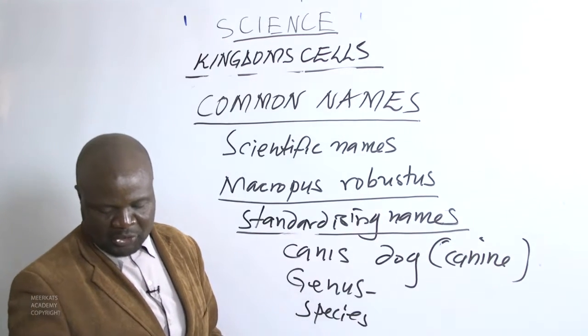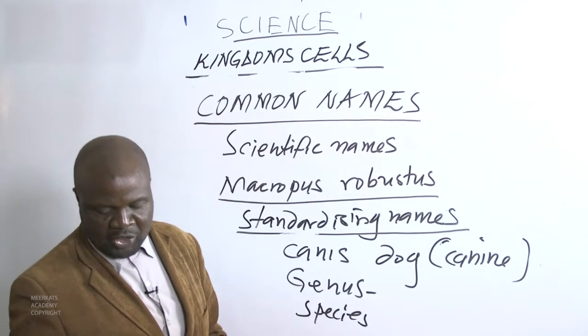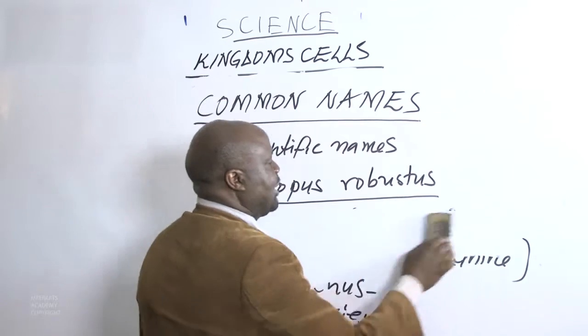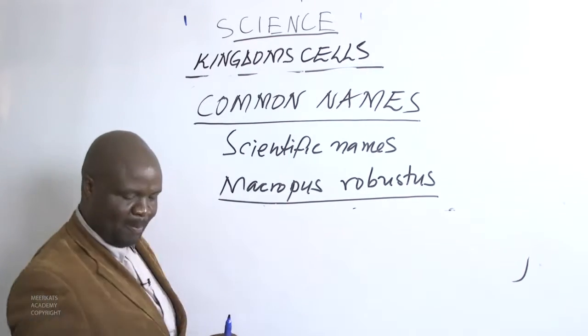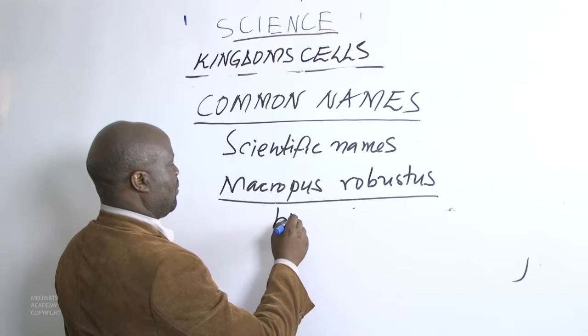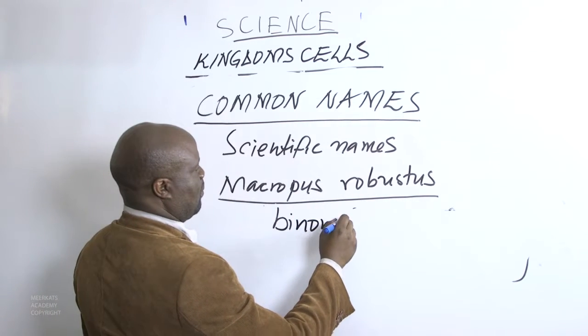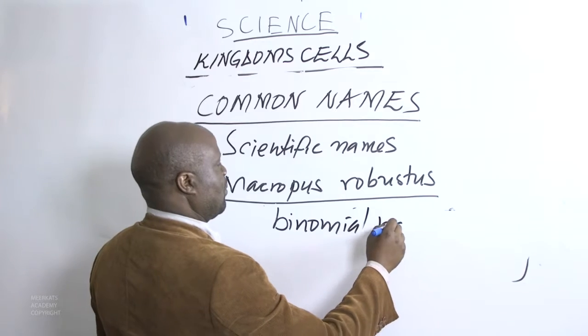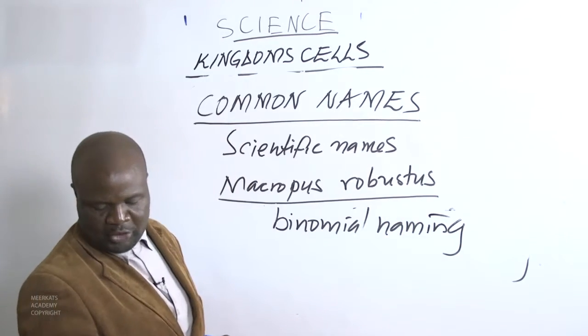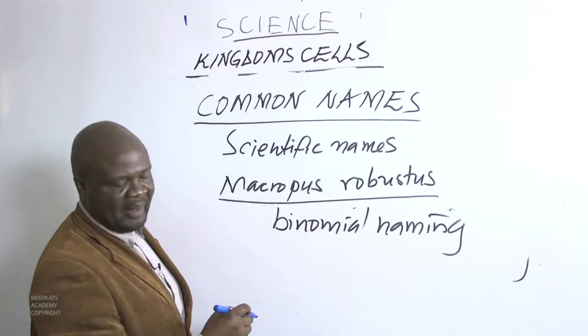This system is normally known as binomial naming, because you are giving the living organism 2 names. Binomial naming is also called binomial nomenclature.